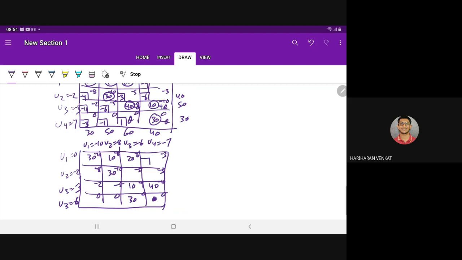So here the zj minus cj will come 0 minus 7 minus 3, that is the minus 4. Here minus 2 minus 10 minus 12, minus 4. Here we have the minus 2 minus 8, minus 3. Here we have the minus 2 minus 7, 9, and minus 3, minus 6.